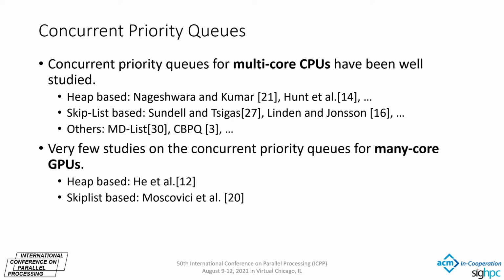In Moscovici's work, the skip list is partitioned into chunks and the lookup is performed in parallel within each chunk. However, it does not support the delete min operation and is not a real priority queue. In the rest of this presentation, I will first describe several priority queue designs on CPUs and then analyze their friendliness to the GPU execution model, which leads to our BGPQ design choices.